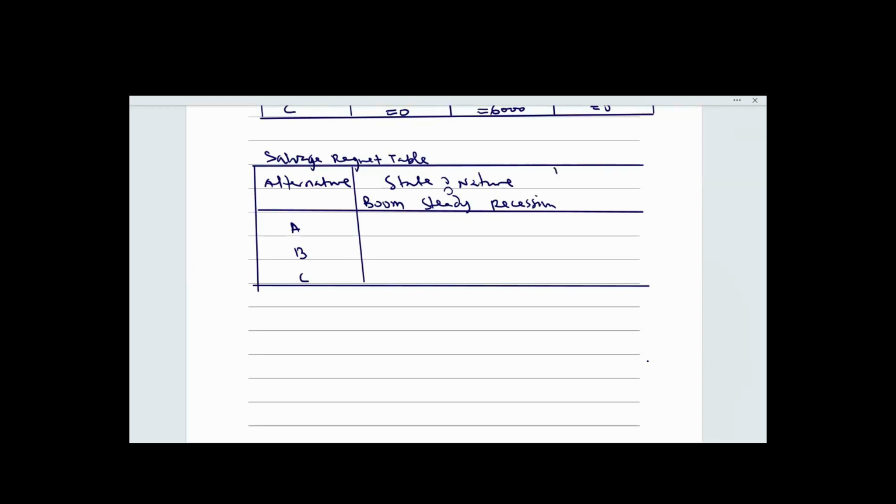State of nature. Alternative A, B, and C. So we have boom, steady, then we have recession. Then I will then say minimax.